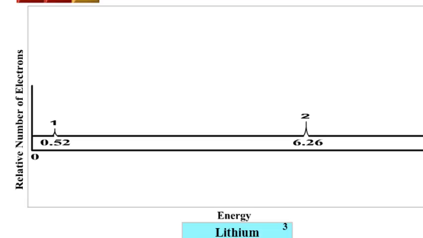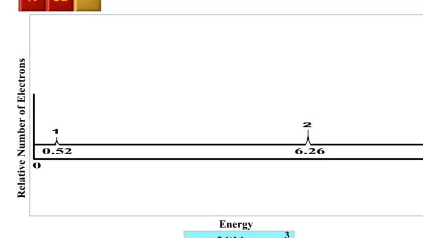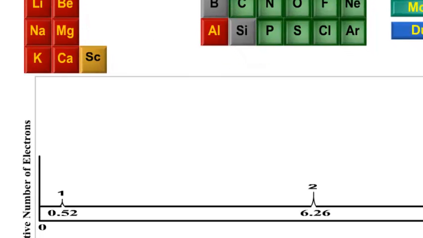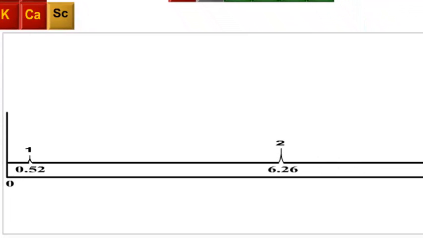Lithium has 3 electrons. What's the electron configuration for lithium? It's 1s2, 2s1. So if we look at our spectrum, there's the 2s1, there's the 1s2. And we know that because this is the taller peak, so that one's the one caused by 2 electrons, and that's the one caused by 1 electron.